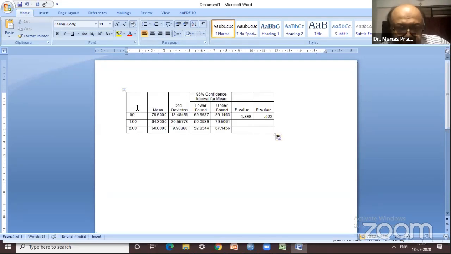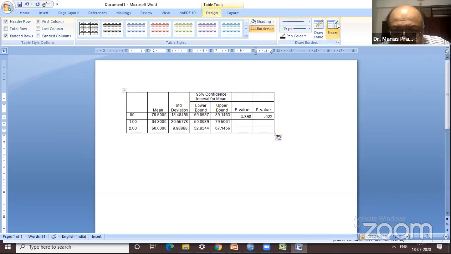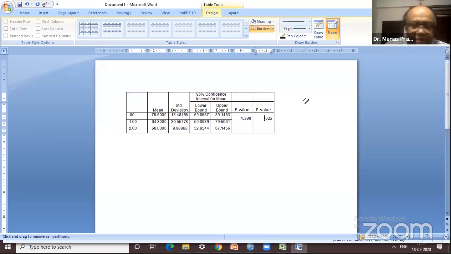Okay, this is the table. You can modify this table also, make it look better. So this p-value is for all the groups. So I do what to do, design. So this is the table. You can present it like this. Here we have to write like this: School one, then it will be understandable for all.